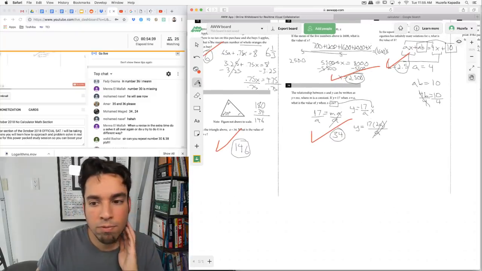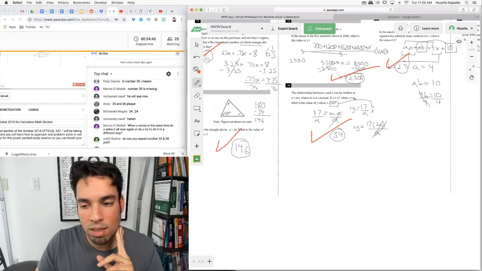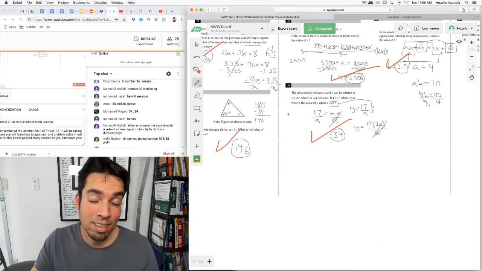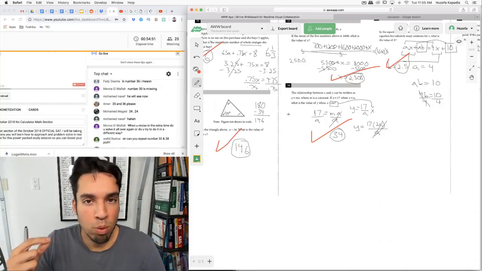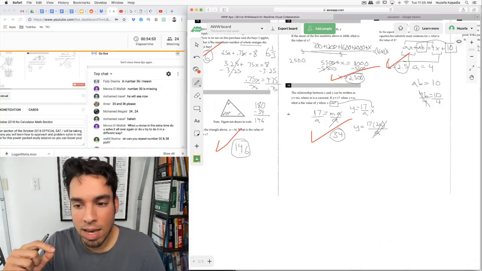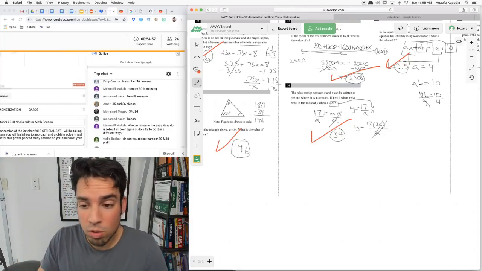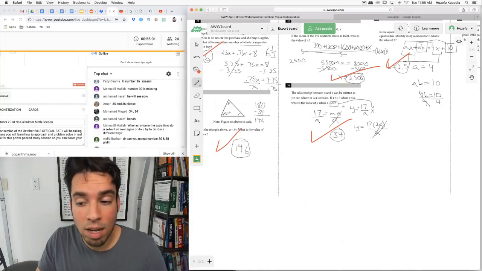Okay, 34. The simple answer is that this is a linear relationship and there's no y-intercept, meaning it's not only linear, it's proportional. When it's proportional, if I'm doubling my x value, the y value is going to double as well. So if a is 17, then 2a has to be 34.